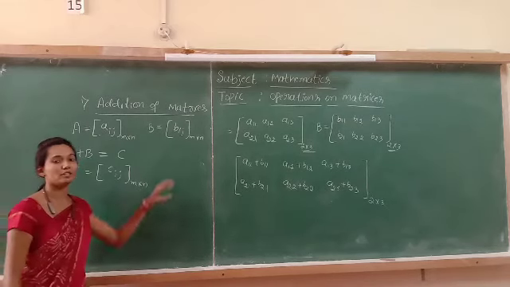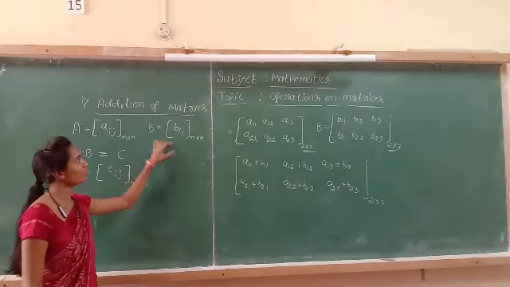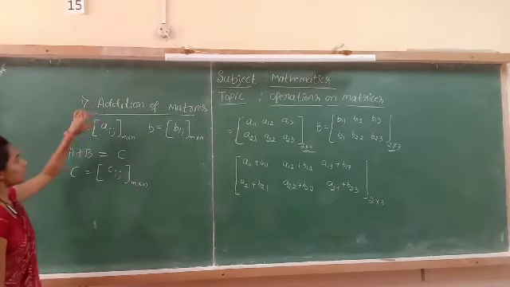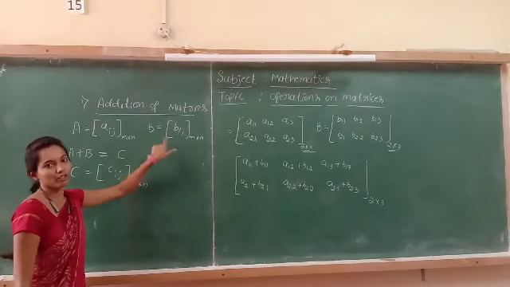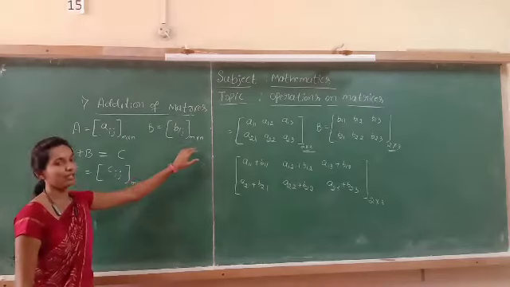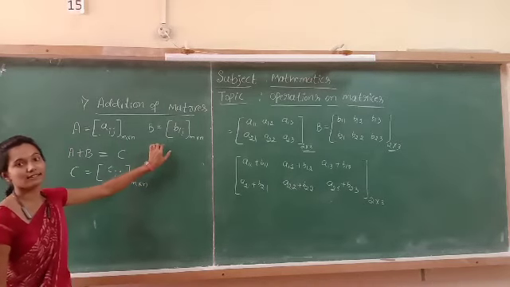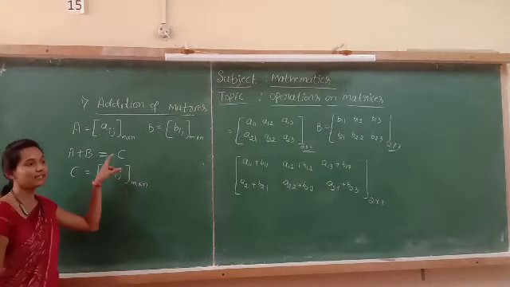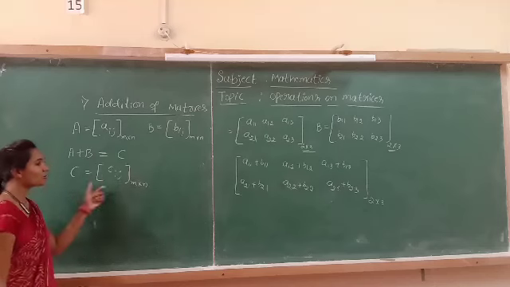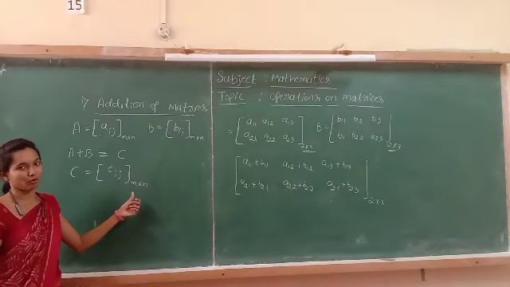This is the condition for the existence of addition of matrices. If A and B are matrices of the same order, then their addition gives another matrix C, also of the order m cross n.